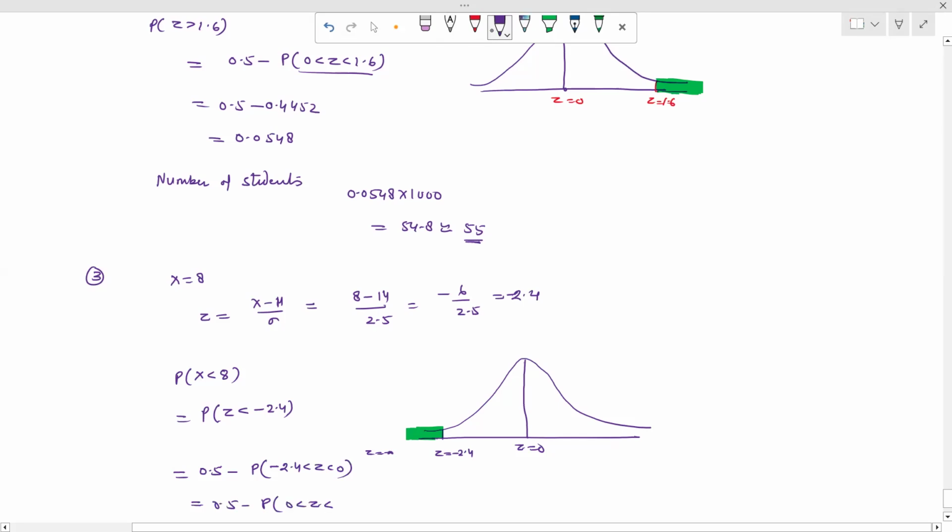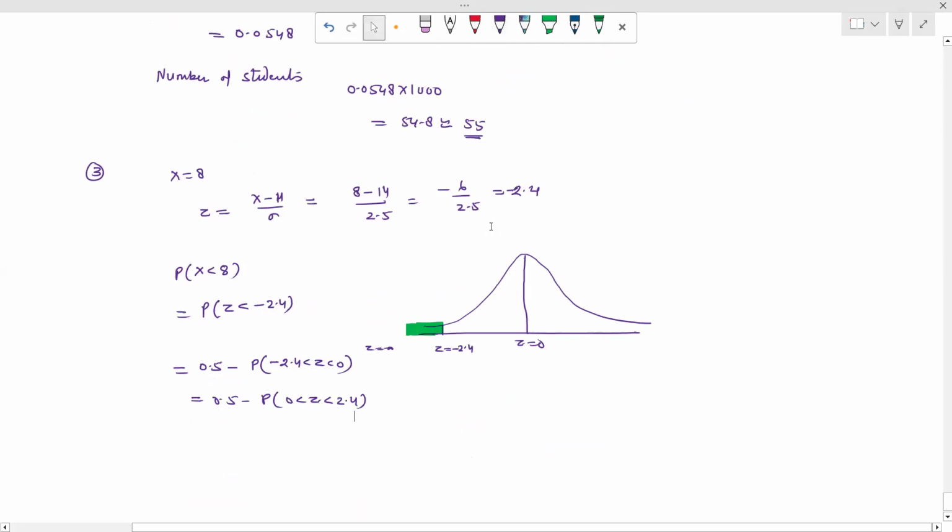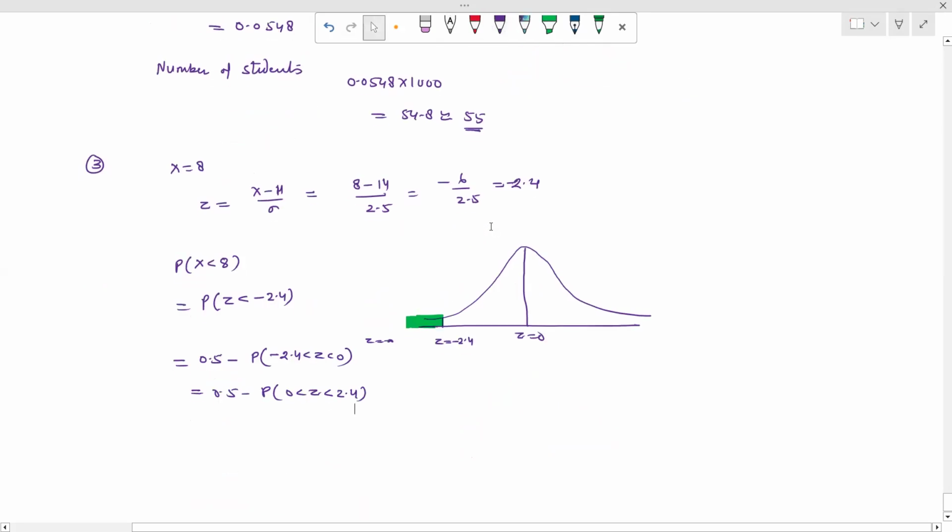We calculate for 2.4, and we can check directly from the table. If we check from the table, the answer is approximately 0.4918. So the value of this is 0.4918.